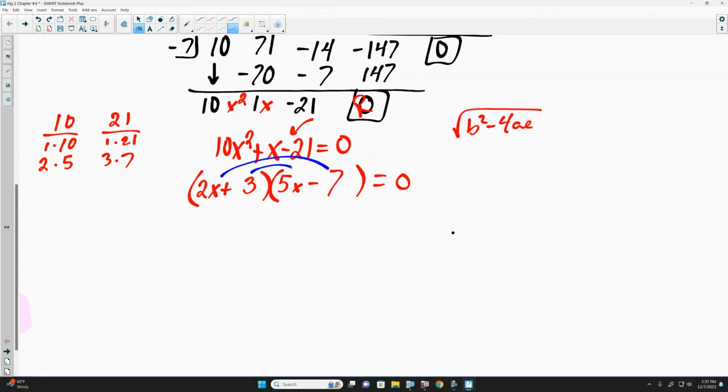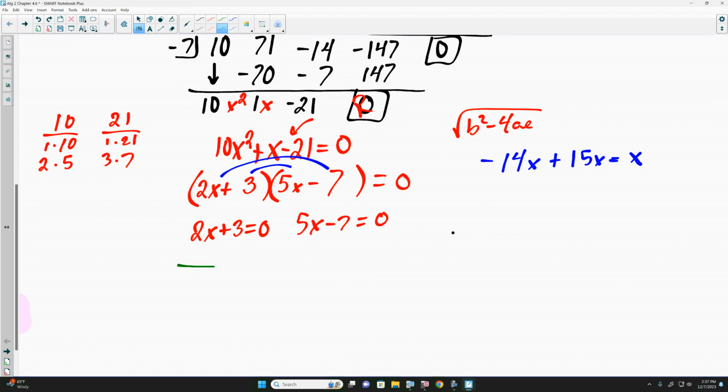If we check this here, 2x times -7 is -14x. 3 times 5x is plus 15x. Set both of these equal to 0, and then solve for x. So for the first one here, we would subtract 3 from both sides. 2x is -3. Divide by 2. x is -3/2.